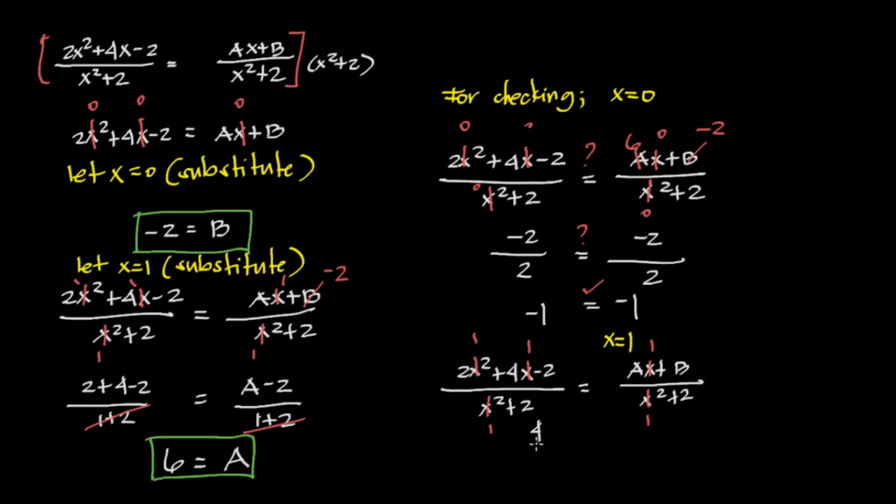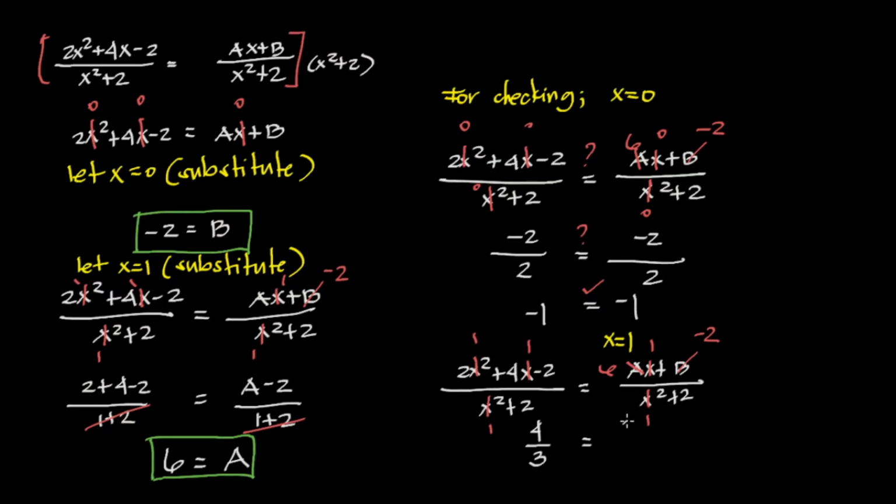That's 4 over 3. So, itong sa kabila, we have, yung value ni a is 6. Then, yung value ni b is negative 2. Therefore, we have 6 times 1, that's 6 plus negative 2, that's 4.